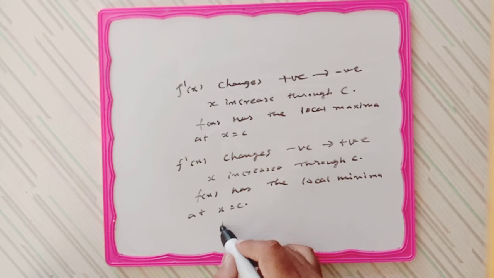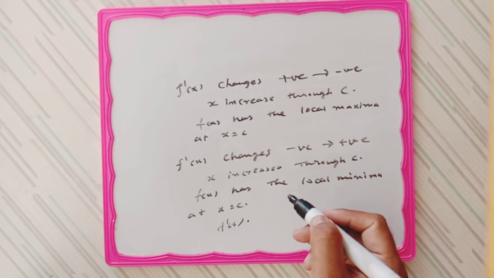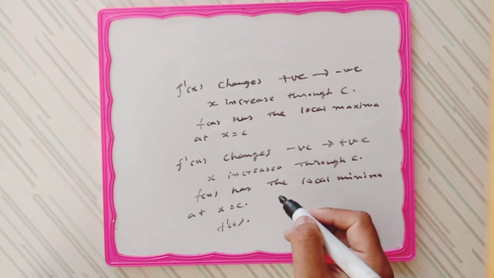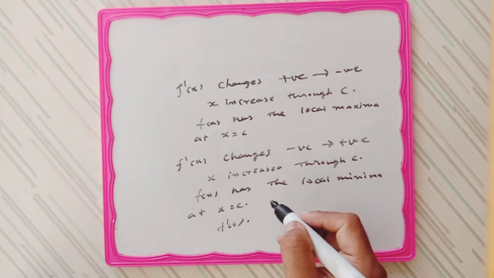And if f dash x does not change the sign, then it has neither maxima nor minima, and such a point is called point of inflection.